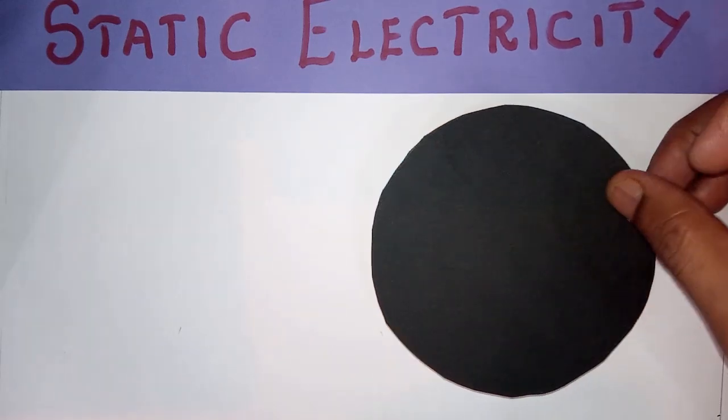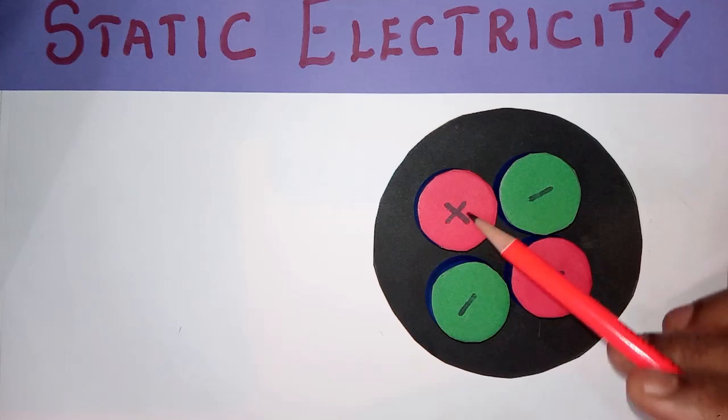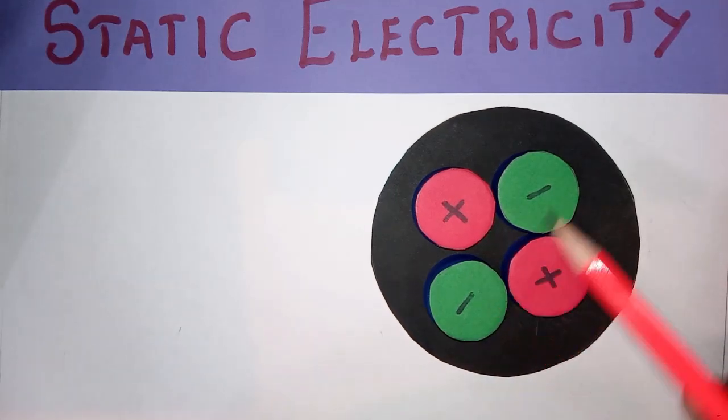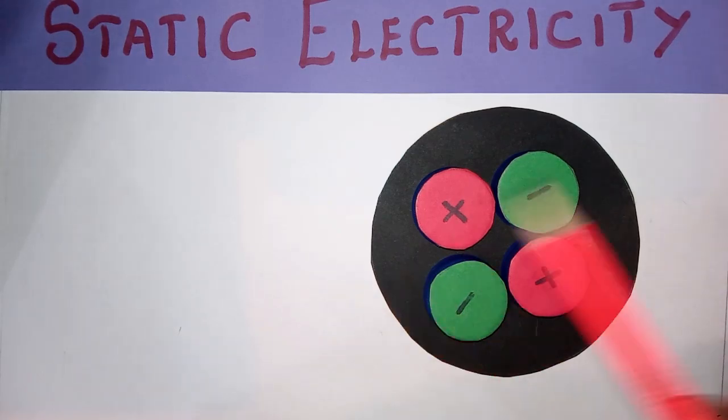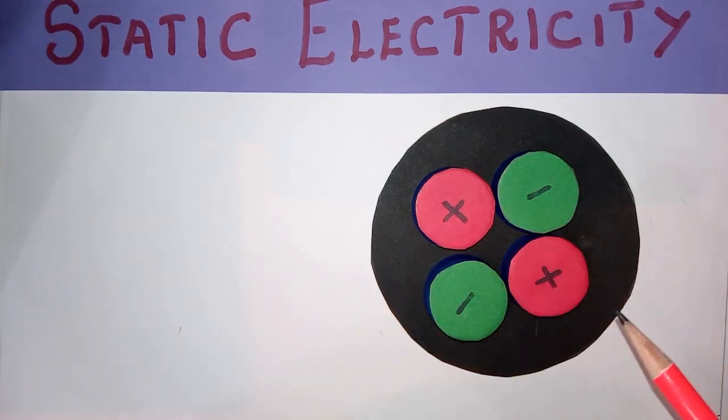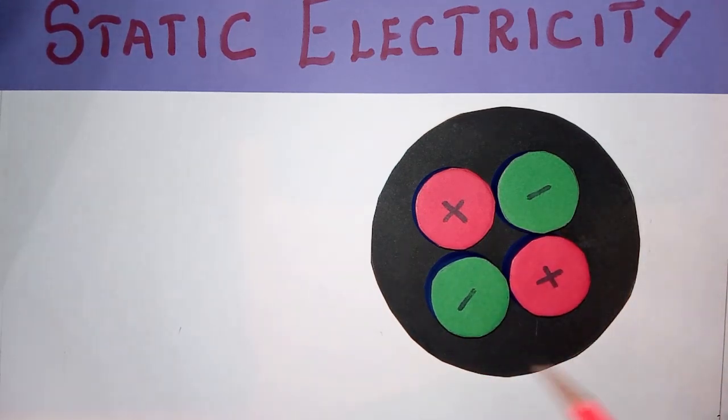For our easy learning I have kept 2 plus and 2 minus, but in the exam or anywhere else they won't give such a diagram for a neutral object. This is for our learning purpose. So it is a neutral object.